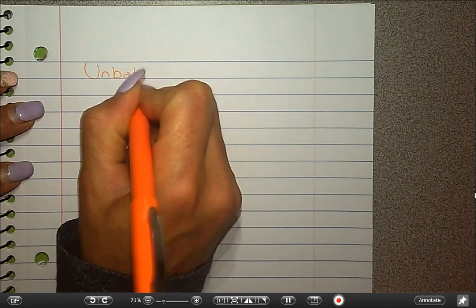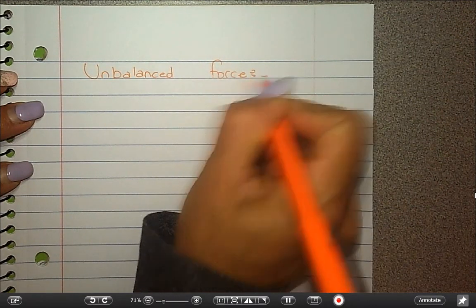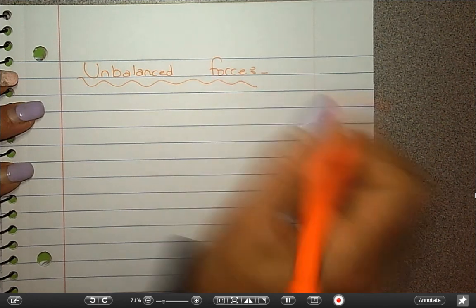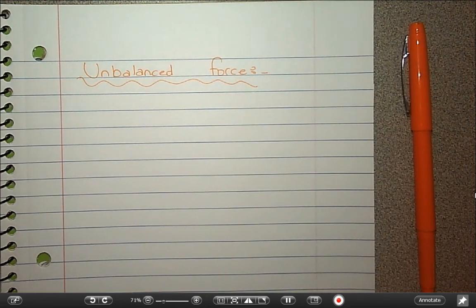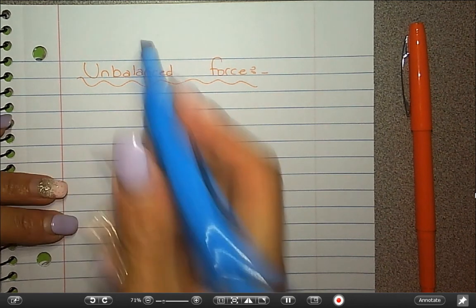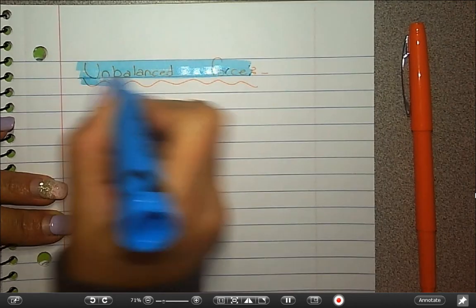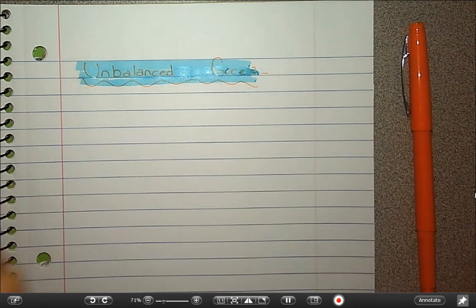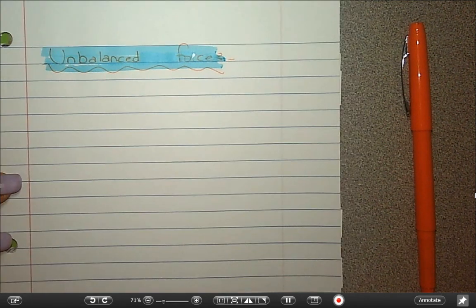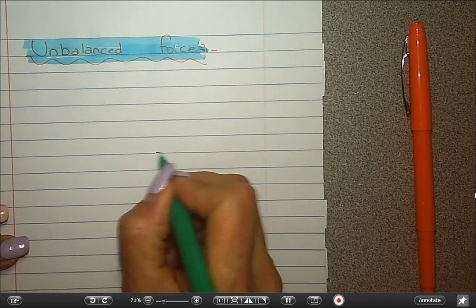What is an unbalanced force? So what we're going to do, we will consider a book sliding. So let's do the same concept.